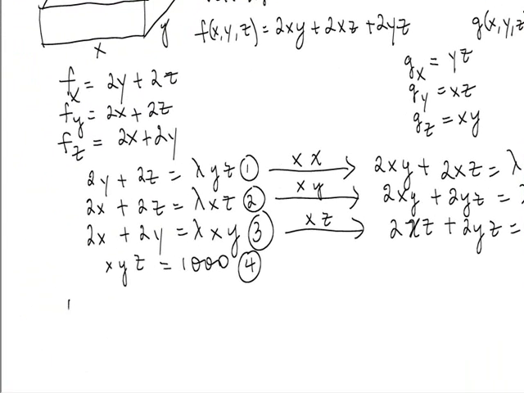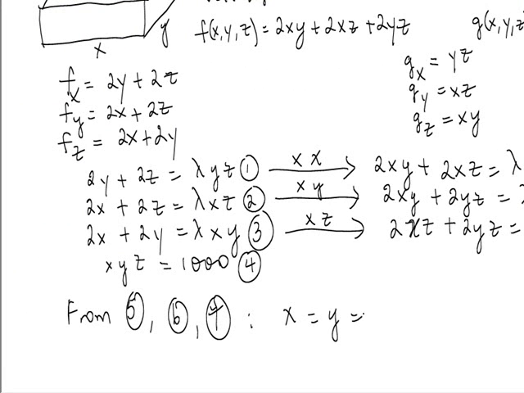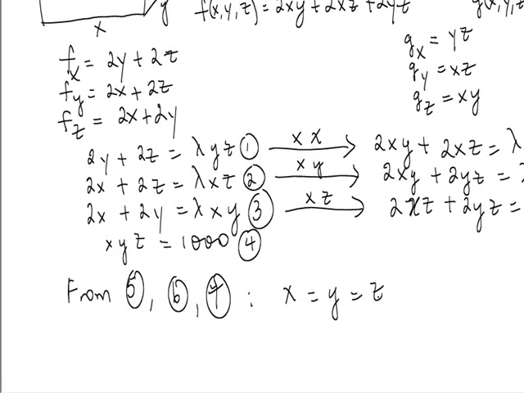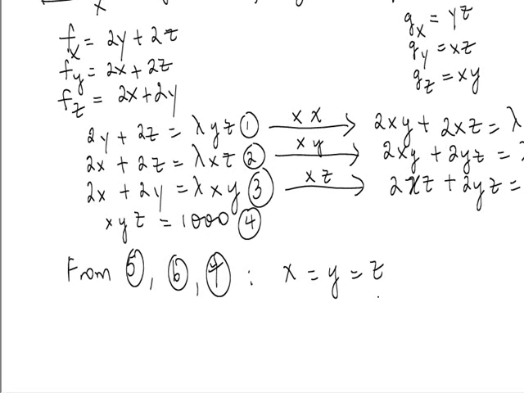Okay? From 5, 6, 7, x equals y equals z. So now we can plug into 4. They're all the same.